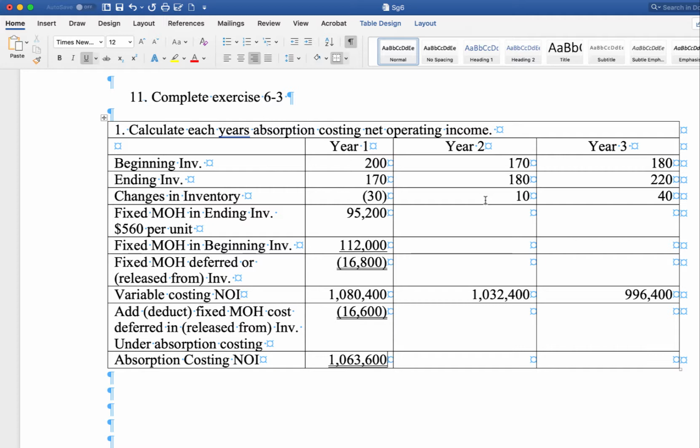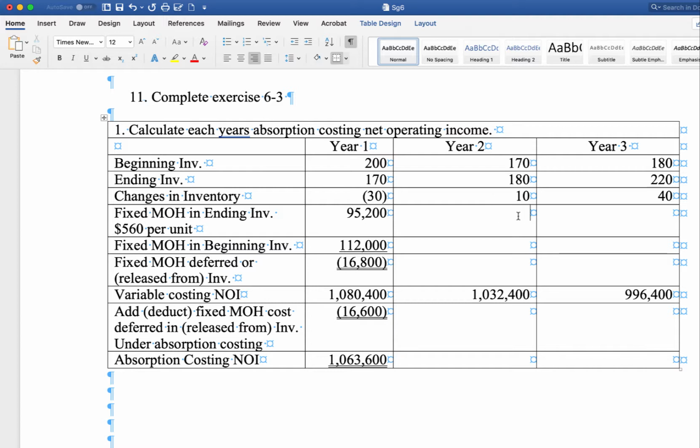There's more inventory or more fixed manufacturing overhead sitting on my balance sheet, not on my income statement. Okay? Under the absorption method, because that fixed MOH is still on the balance sheet, my expenses are going to be lower, which will drive up my net operating income. Okay? Let's see how it looks mathematically.